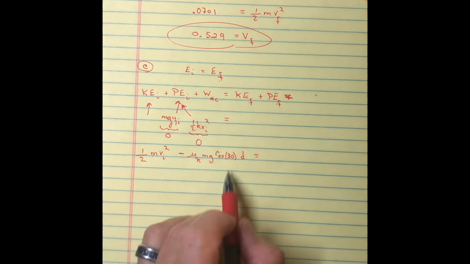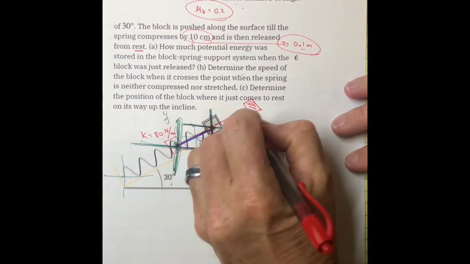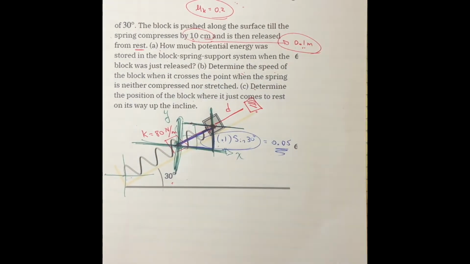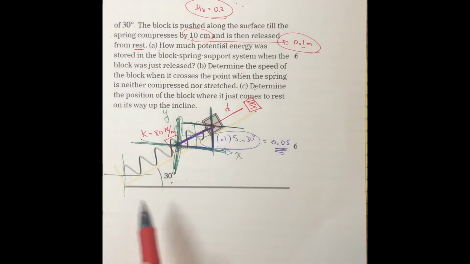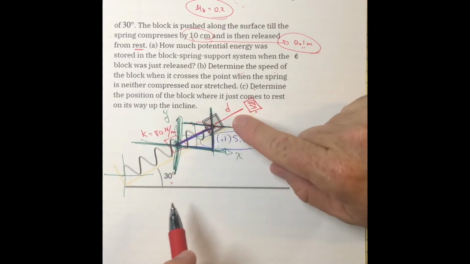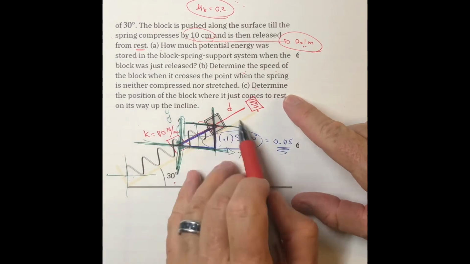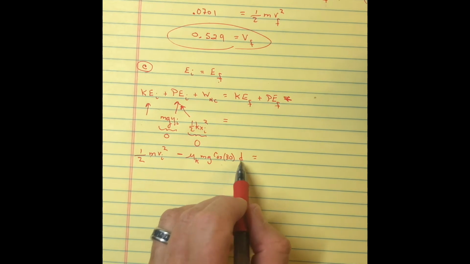But let me be careful with this d. What we're talking about in this part C is that d is this distance up here. How far does it move along from my starting to my ending? That is a number I don't know. Of course, that's what we're asking for: determine the position. So this d is what we're hunting for in this problem.